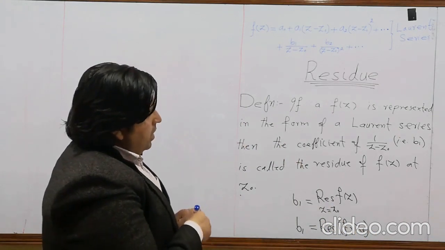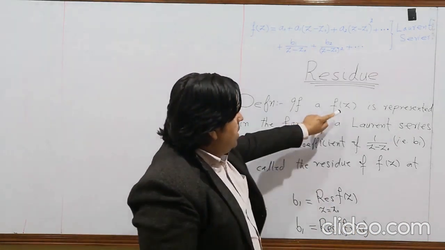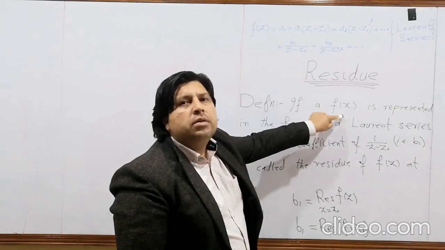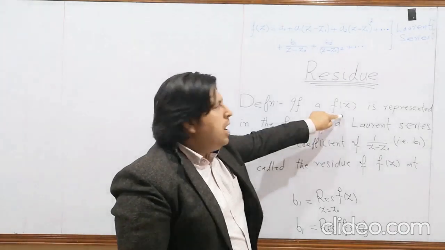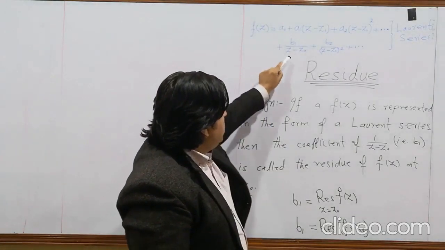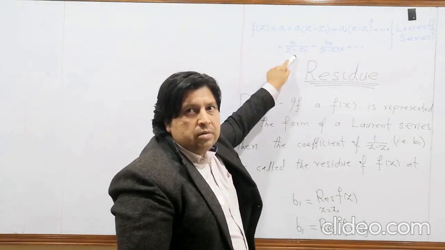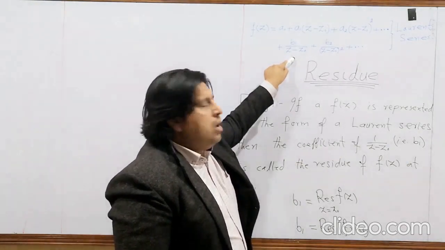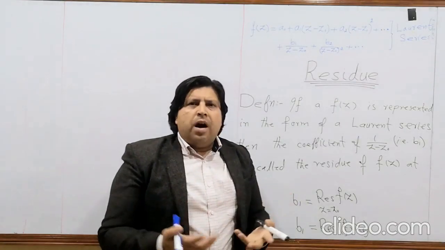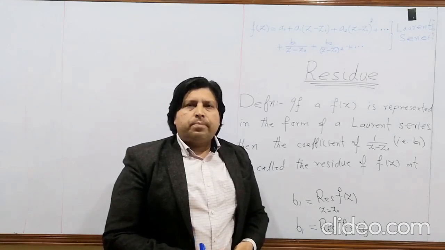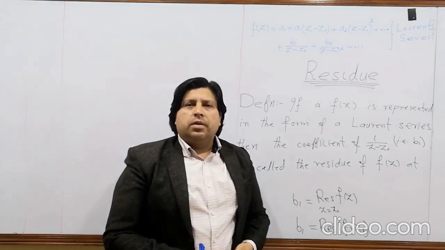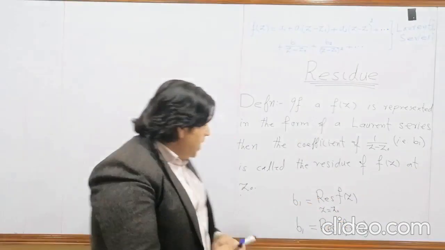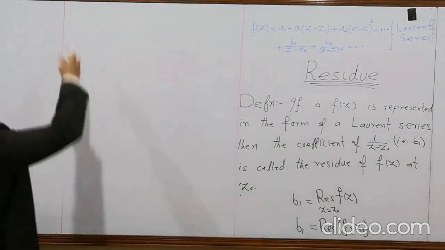From the definition, it is clear that if we are given a function f of z, first of all we have to represent it into the Laurent series. And then just look at the coefficient of 1 over z minus z naught. So the coefficient of 1 over z minus z naught will be our residue. In an informal way, I can say that the residue is nothing but just the coefficient of 1 over z minus z naught. And now let us explain it by some examples.